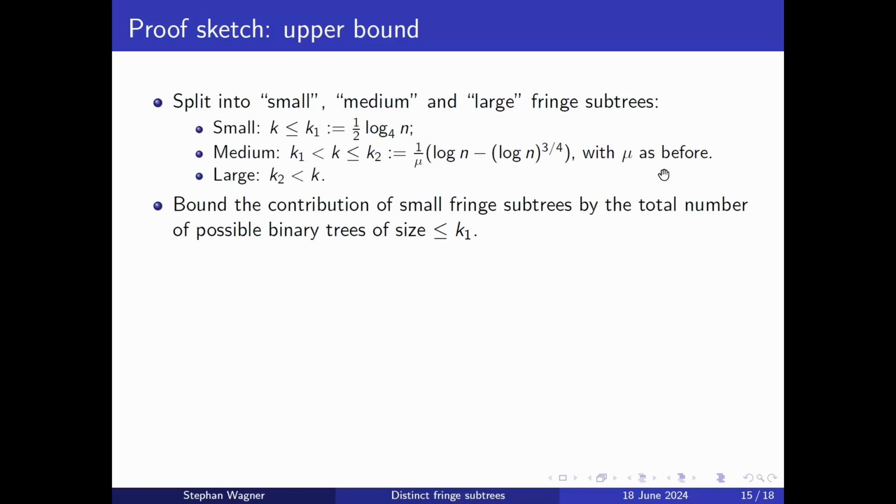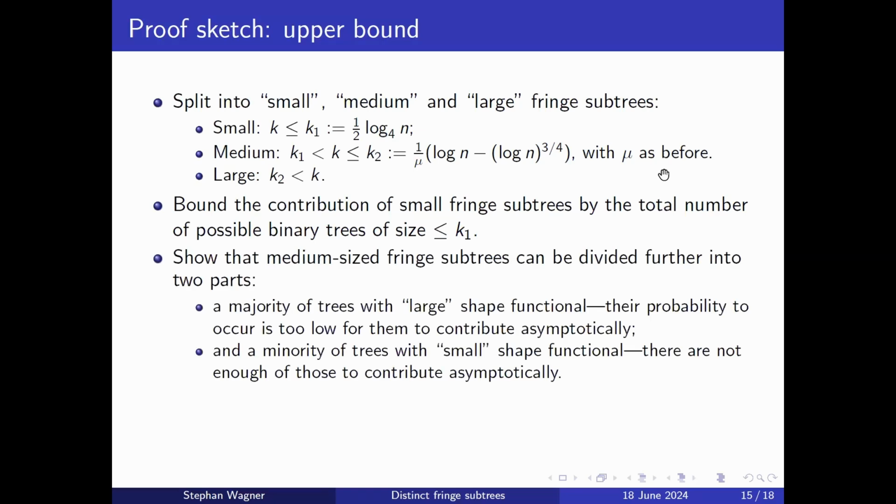We know there is a Catalan number, so for each k, we know exactly how many possible shapes there could be. And even if they all occur, that's very few if I focus only on those up to this size k1. So those are estimated in a somewhat trivial way.